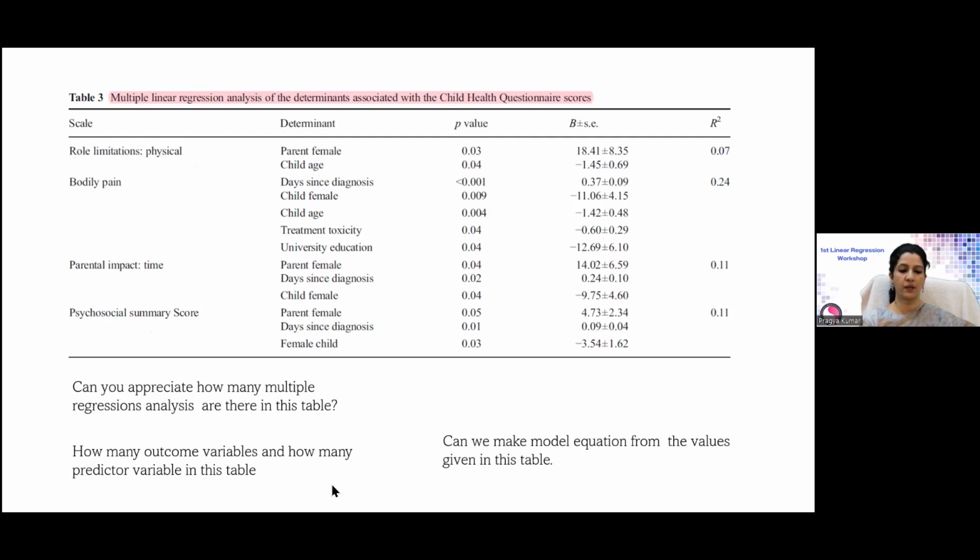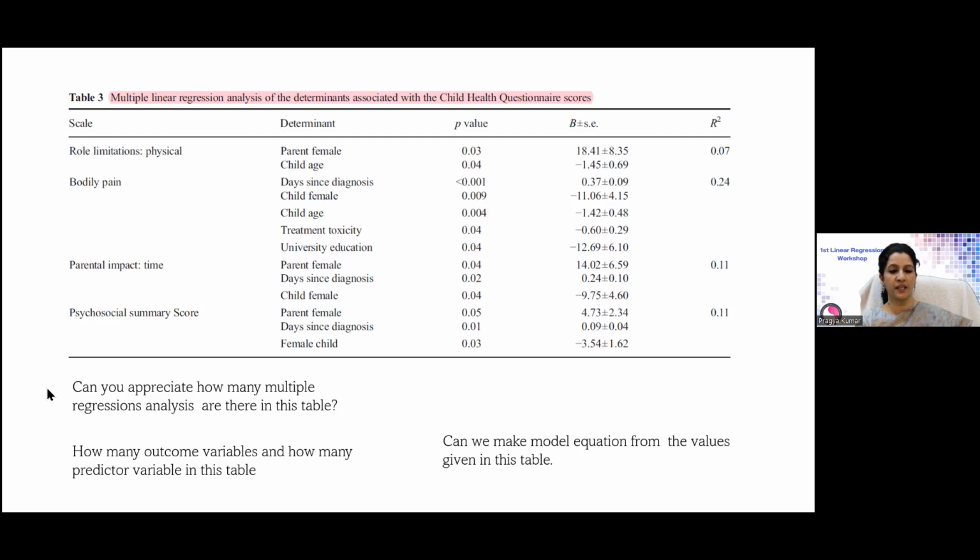Now my next question is, how many outcome variables and how many predictor variables are there in this table? Since you have already said 4 outcomes, how many predictor variables? Yes, can you please tell me the number? 13.